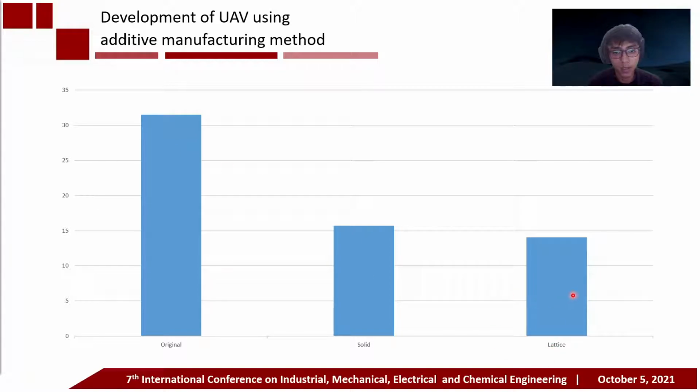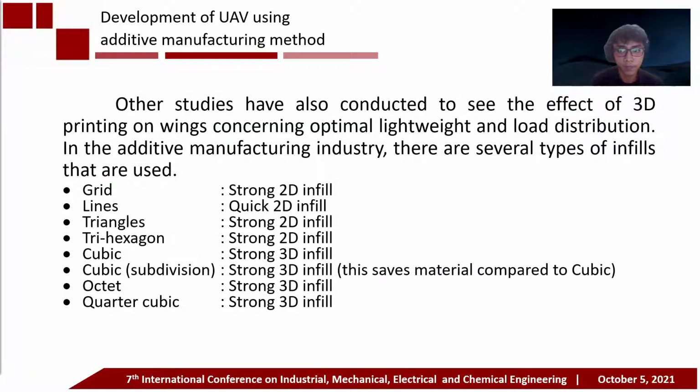As you can see, 3D printing takes less time than the CNC process. And a study has also been conducted to see the effect of 3D printing on wings considering optimal lightweight, alert, and low distribution.